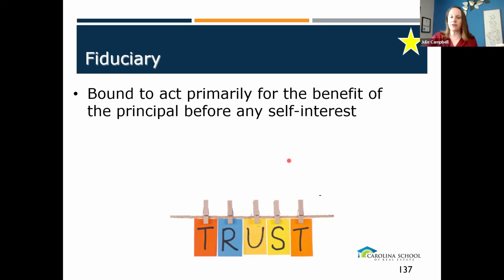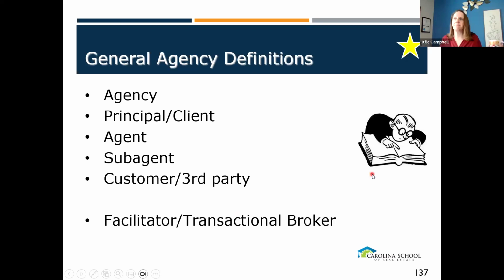So let's start on 137. Let's define some words. Agency is that fiduciary relationship between the client and the firm. It's the idea that somebody represents the best interest of another. The principal or the client, used interchangeably, they both mean the same thing.